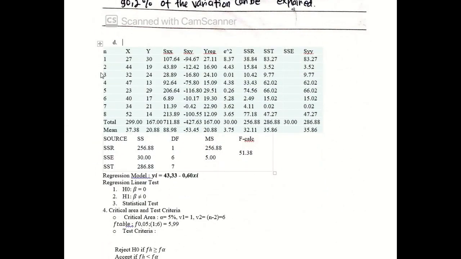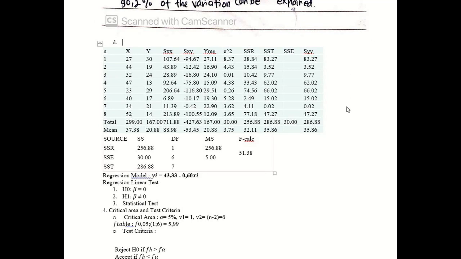For part D, we have to test the null hypothesis that there is no effect of x on y, to be rejected at the 5% level of significance. First we draw this table: x, y, Sxx, regression, SSR, SST, SSE, and Syy. We input the numbers and get the results using Excel.